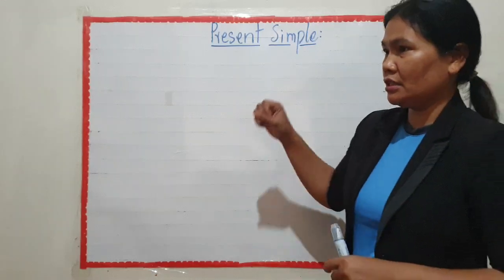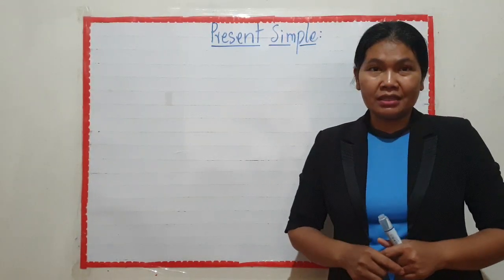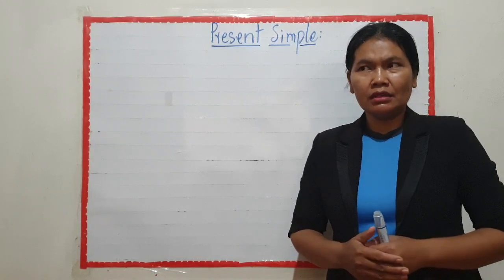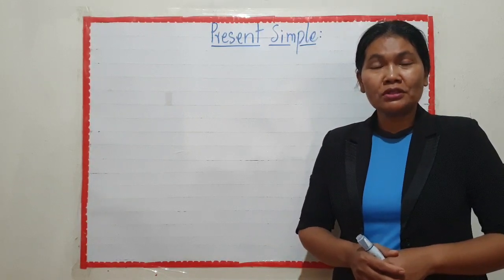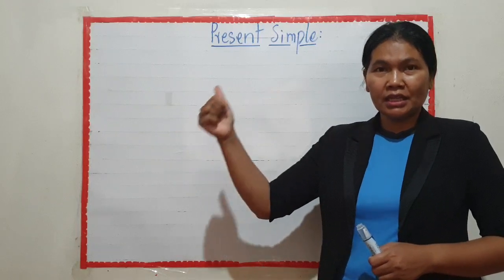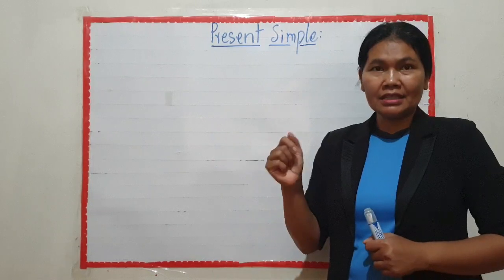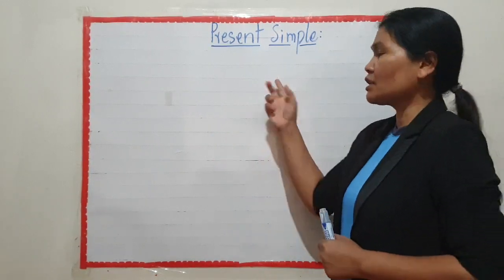Do you know the positive sentence, right? Can anyone tell me what the positive form of present simple is? We have subject plus verb, or verb plus s or es if we use it with a singular subject, right? And then plus complement.